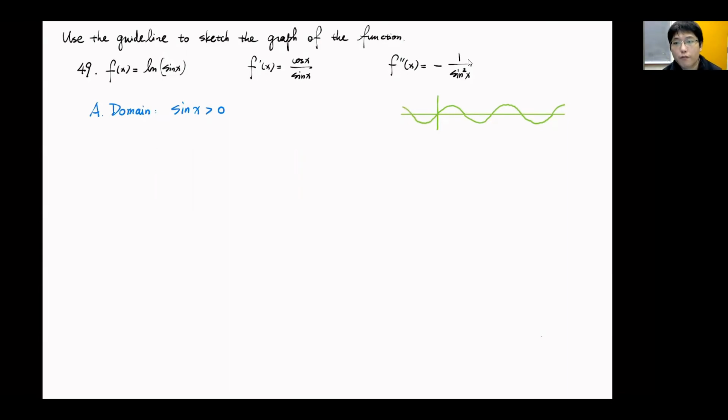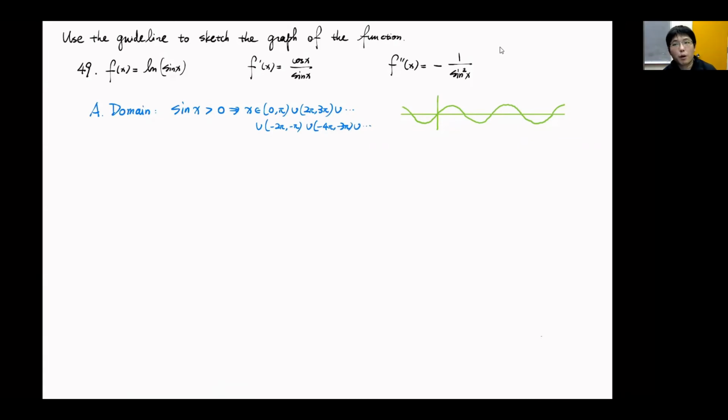From the graph of the sine function, we see that the sine function is positive when x is between 0 and pi, 2 pi and 3 pi, and then 4 pi and 5 pi, etc. And also we have minus 2 pi to minus pi, and then minus 4 pi to minus 3 pi, etc. So you see that there are lots of intervals unioned together.